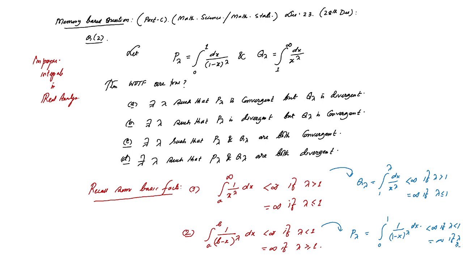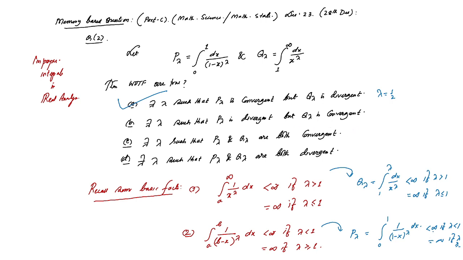Now the first option: there is lambda such that P lambda is convergent and Q lambda is divergent. Take lambda equals half, say. In that case, P lambda is convergent and Q lambda is divergent. So obviously this option is correct. Next, there exists lambda such that P lambda is divergent and Q lambda is convergent.